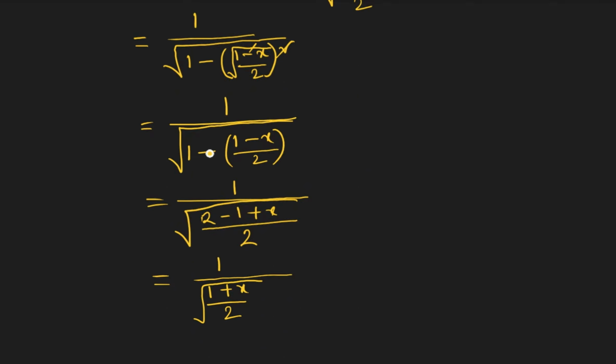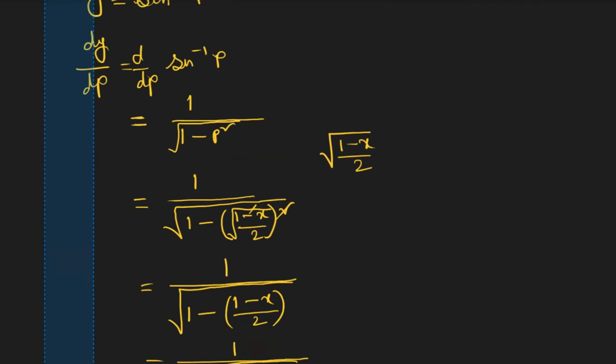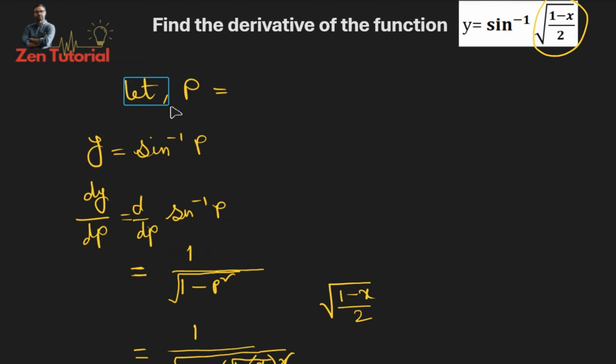So this is actually the value of dy over dp, right? But this is not exactly what we are looking for, because p is equal to the square root of 1 minus x over 2, right?